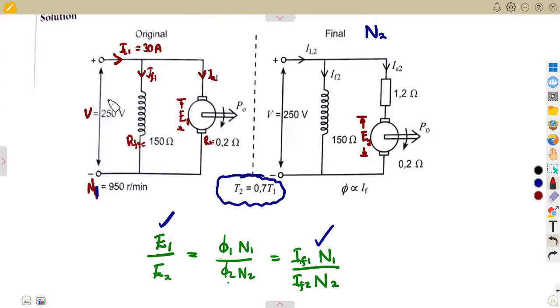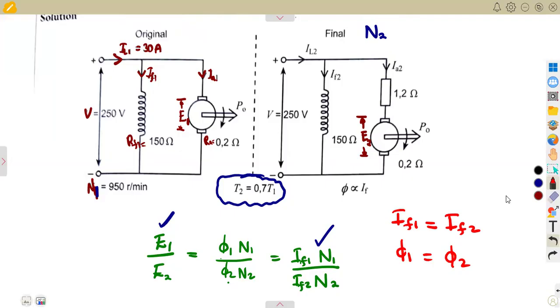Because of this condition, there's nothing that has changed along the field from the original to the final, so by default the first field current is going to be equal to the second field current, which is the same condition that our flux 1 is equal to flux 2.